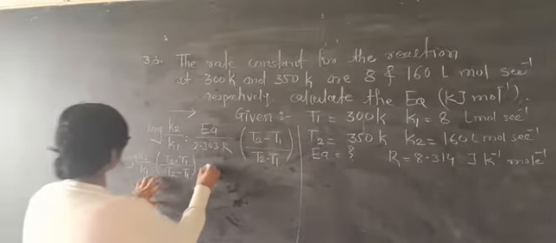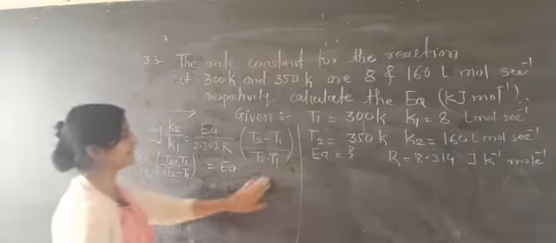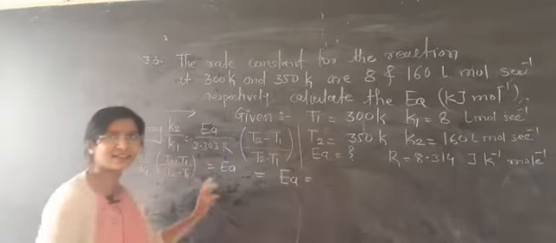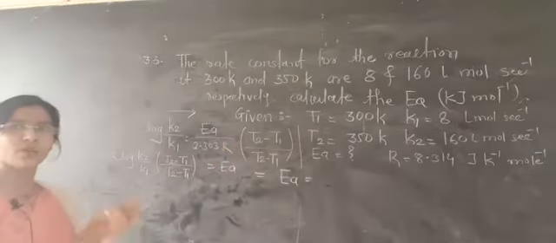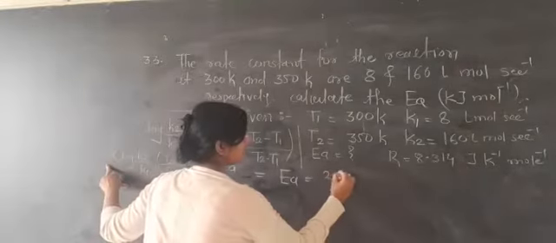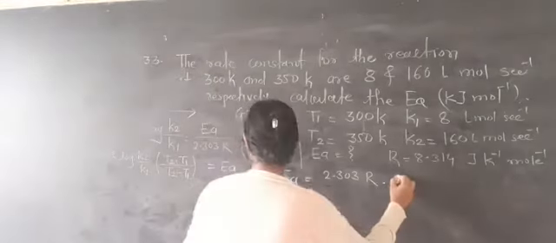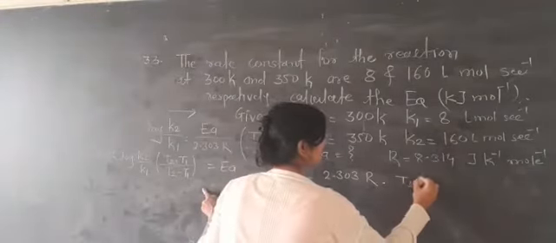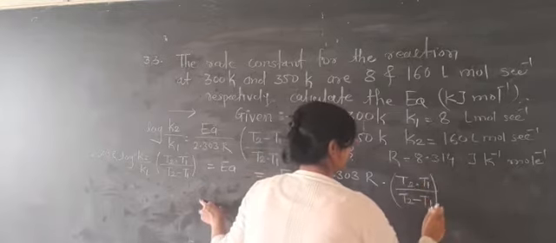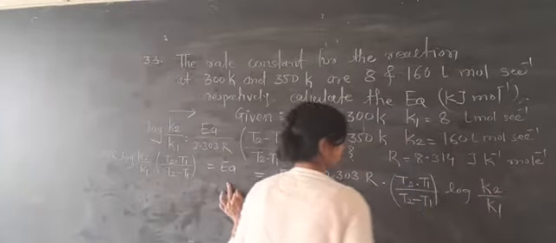After rearranging this equation properly, we get that EA is equal to 2.303 R into T2 into T1 by T2 minus T1, into log of K2 upon K1.